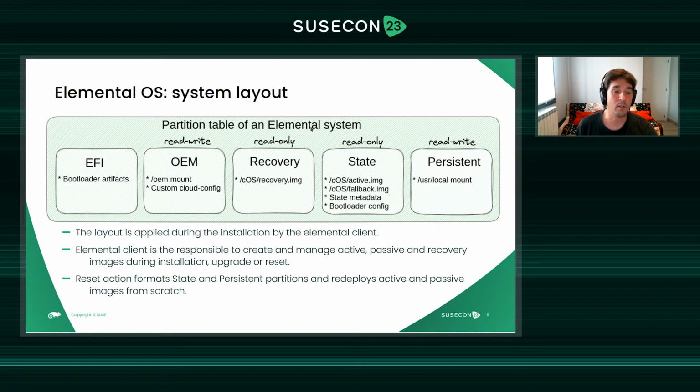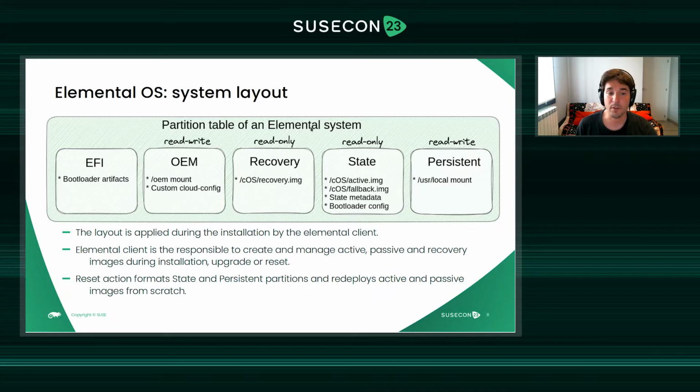So in case something goes wrong, and the boot fails on the active image, we're just going to reboot on fallback, which is the old pre-upgrade OS system. So it's just to allow a rollback in case there is an upgrade issue.